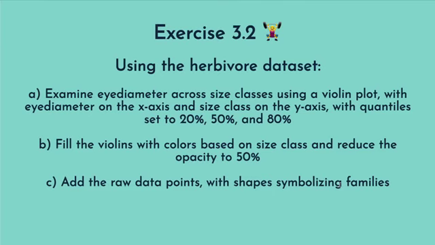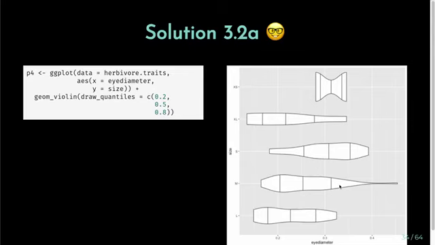You can then fill the violins with colors based on size class and reduce the opacity to 50%. And then you can add the raw data points with the different shapes symbolizing different families.